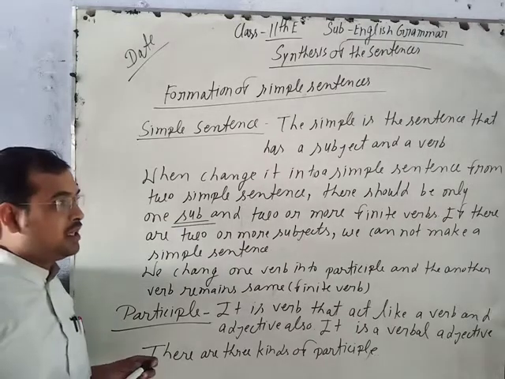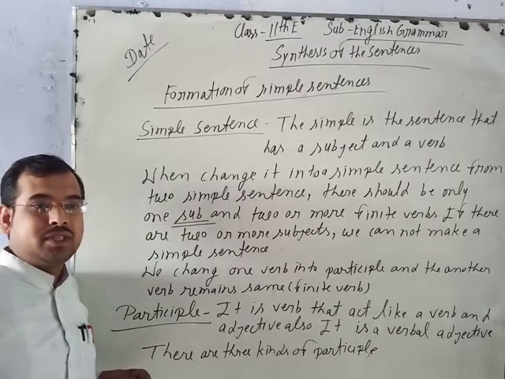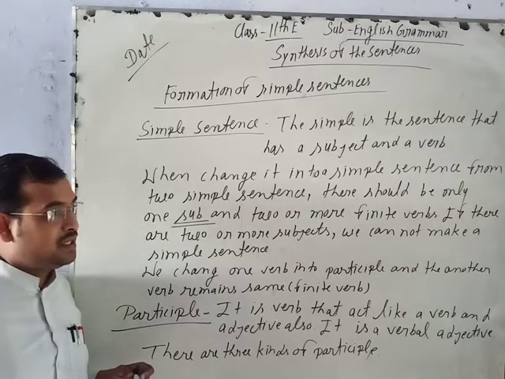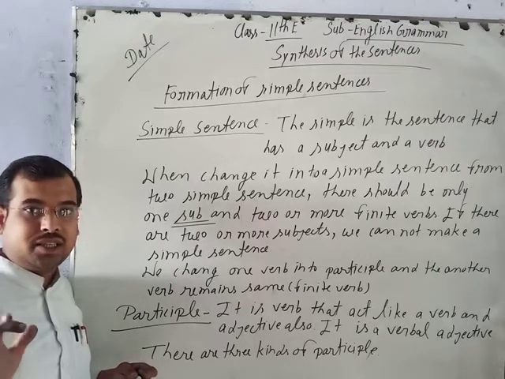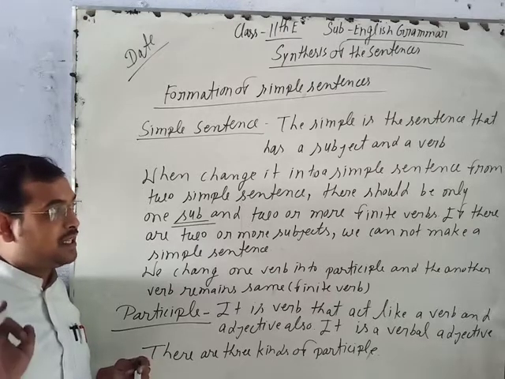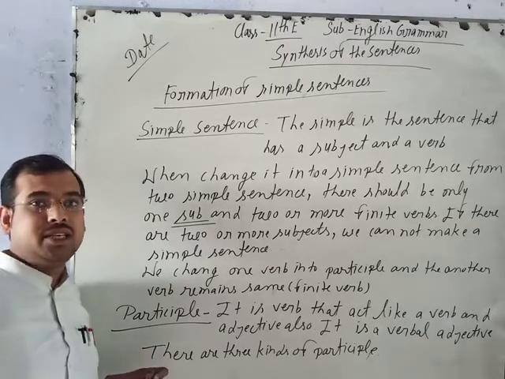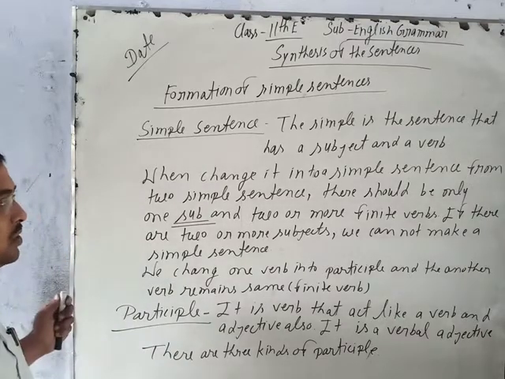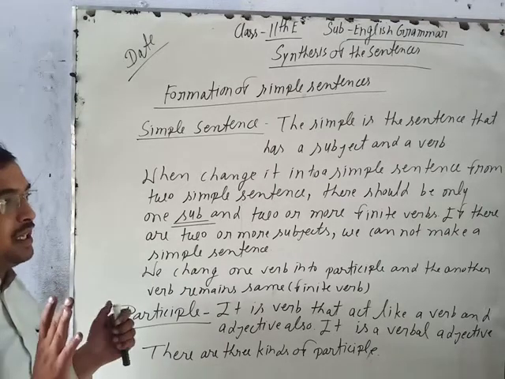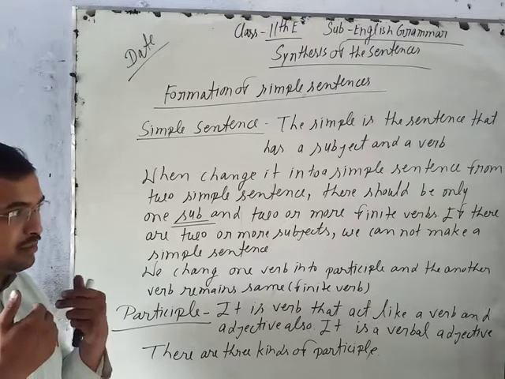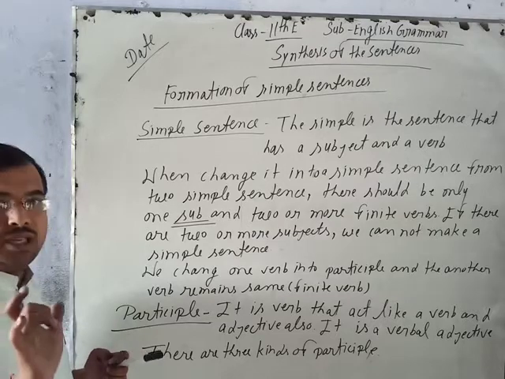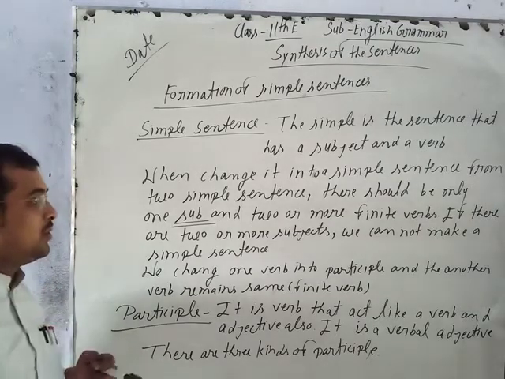The finite verb is the verb that changes according to the subject and the tense of the sentence. So a simple sentence consists of at least one verb and one subject, and when we change it by using the participle, there should be only one subject and two or more finite verbs.